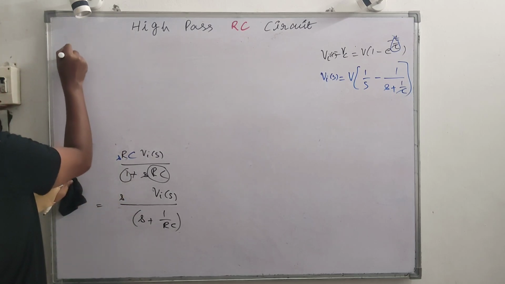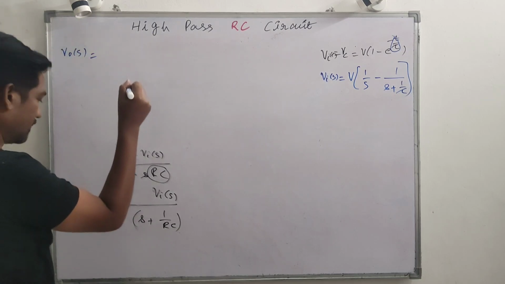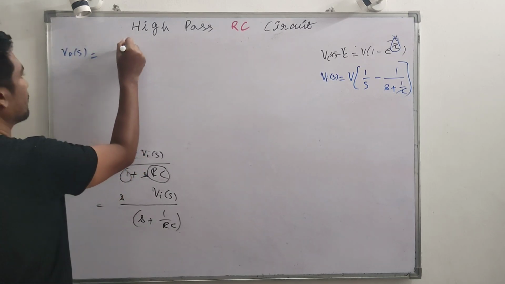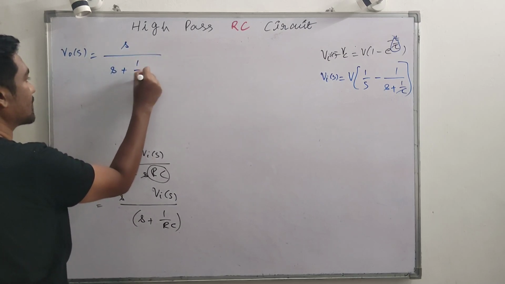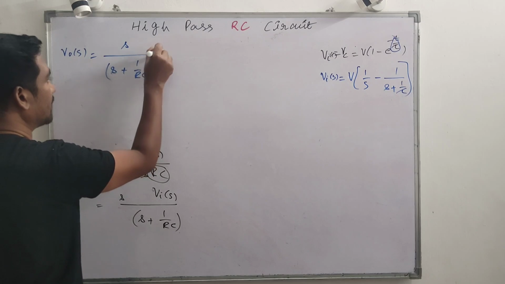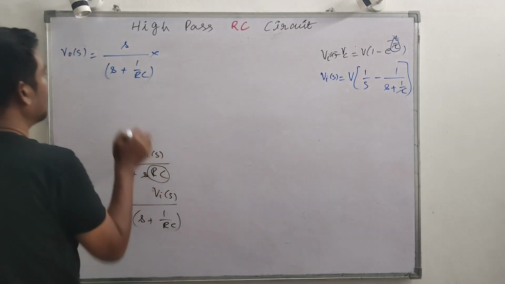V0 of s is going to be no change in this one, s upon s plus 1 upon RC, no change in this one, multiplied with our Vi of s, which is that one.